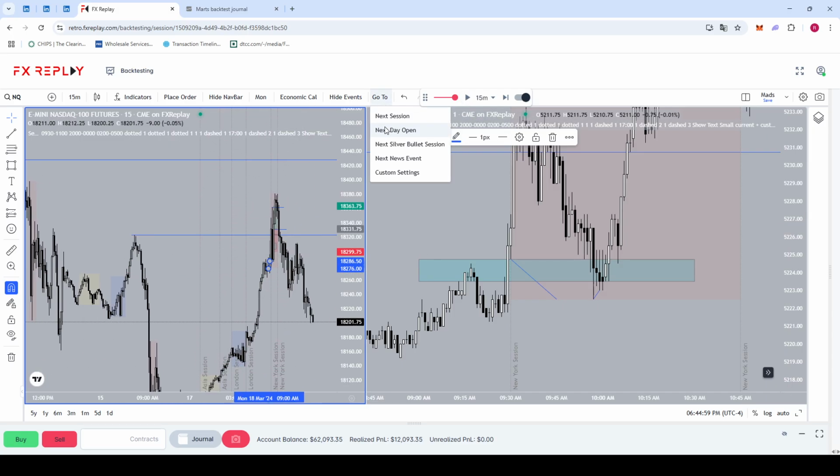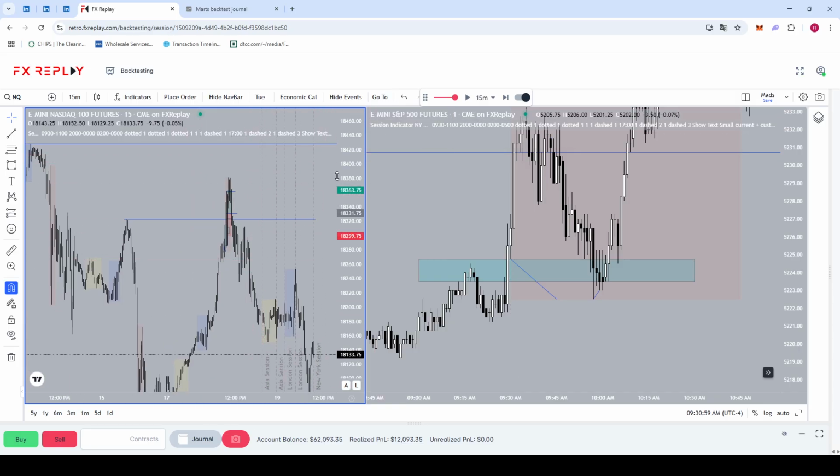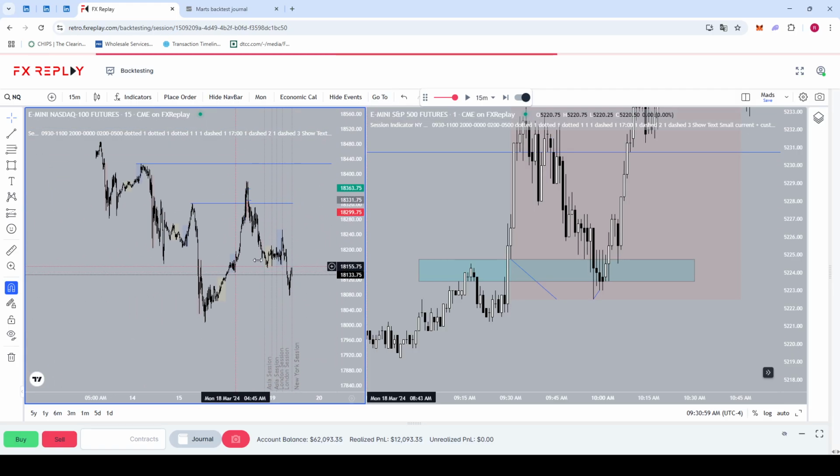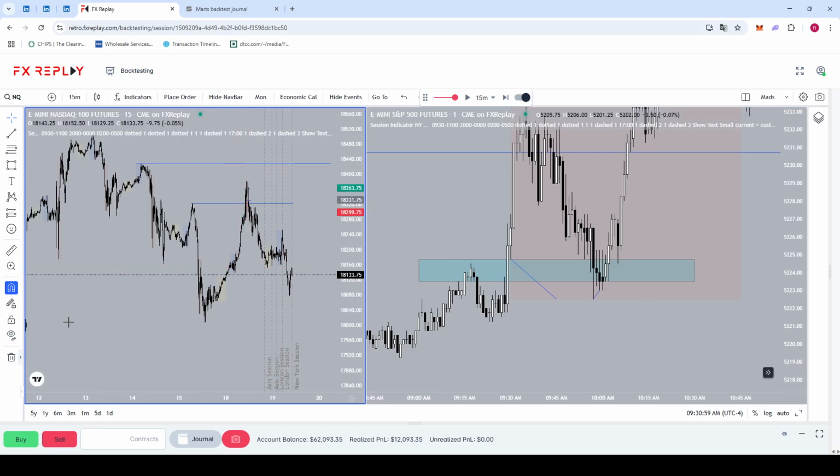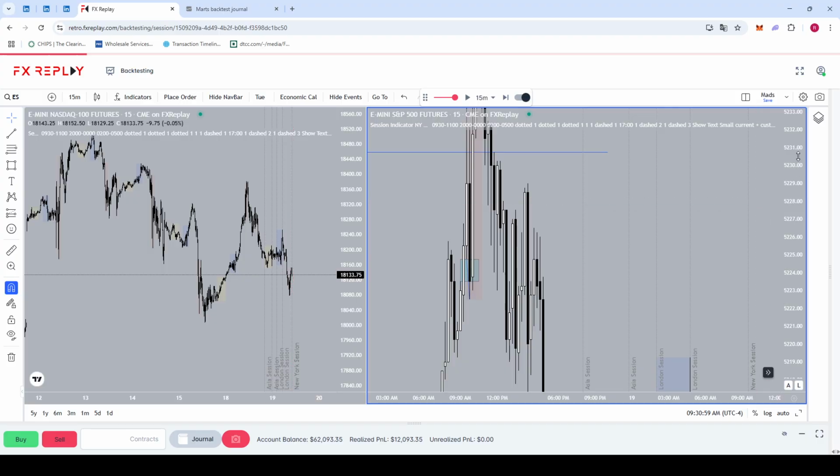As you can see now, we are displacing lower. So this validates a lot of the buy model that I've been thinking about.